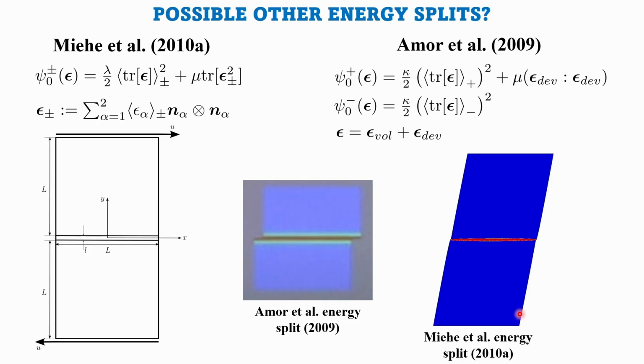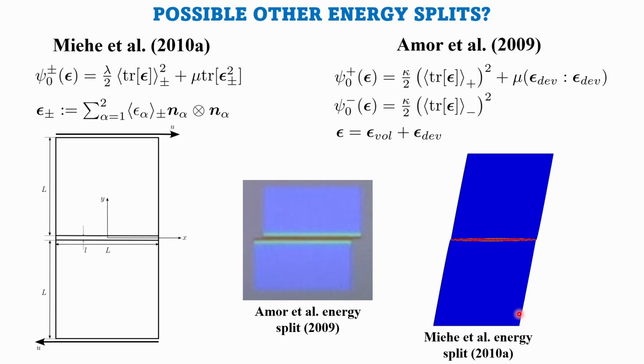Suppose you do not have a perfectly brittle material, you have a composite. There you have to research which energy split is actually favoring you. Some energy splits may give you some really bad spurious cracks, but again, it's up to the user what energy split they'll use.